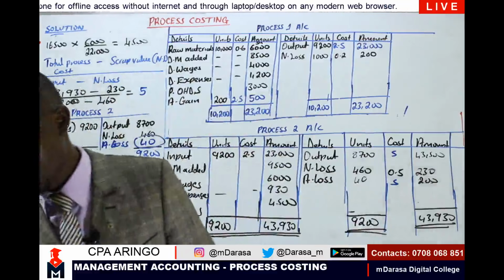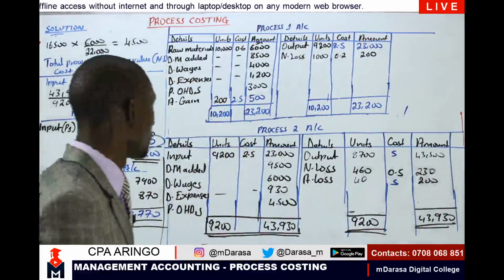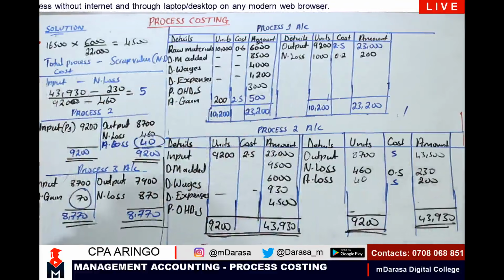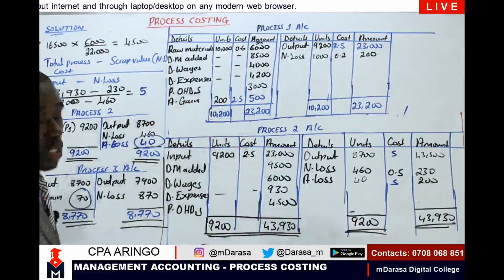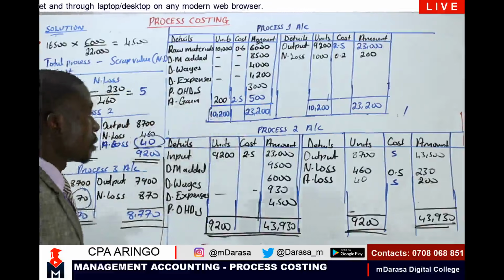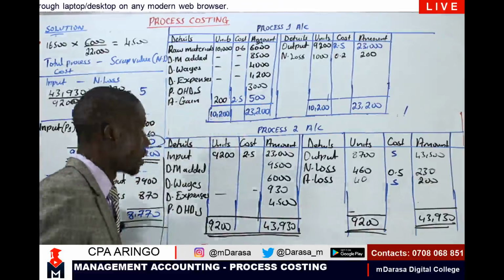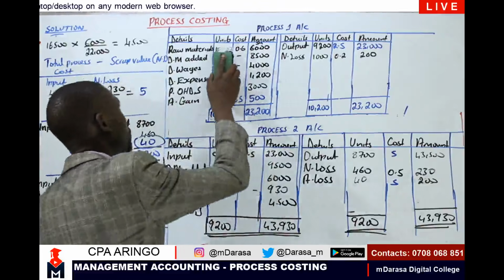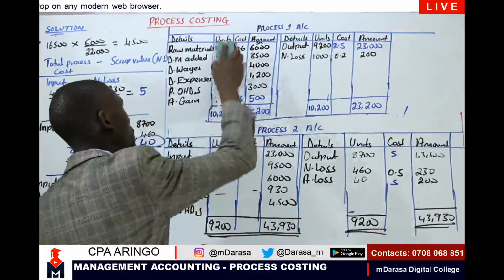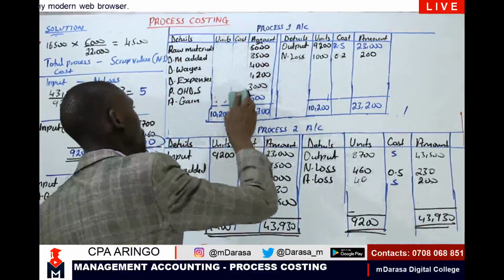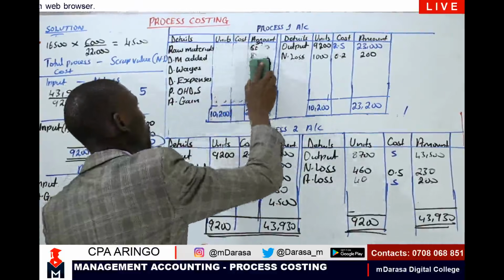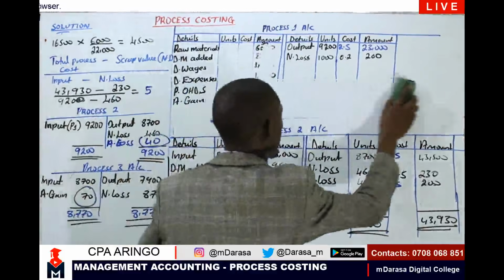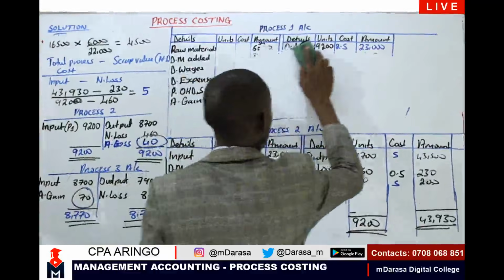So the same concept will apply for process 3. In this case, allow me to erase the process 1 account. I'll just be erasing our values here. Let us erase that.